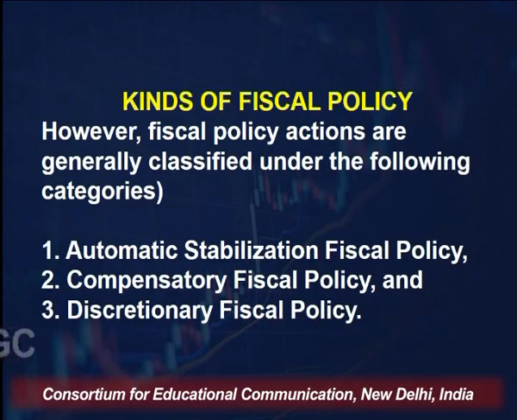Now if we talk about the classification of fiscal policy, basically we can have three: one is automatic stabilization fiscal policy, another is compensatory fiscal policy, and the third is discretionary fiscal policy. This classification is based on the frequency and purpose of changes made in the revenue and expenditure programs by the governments of different countries.